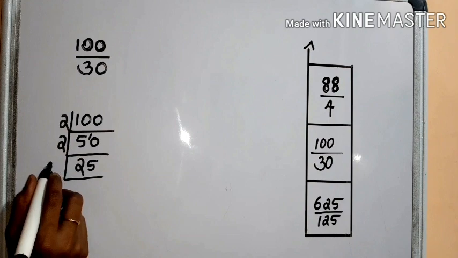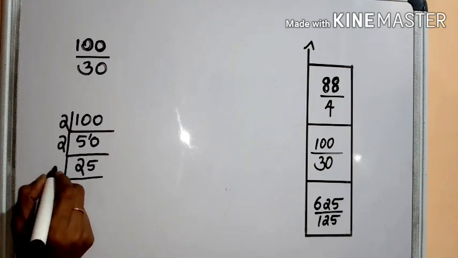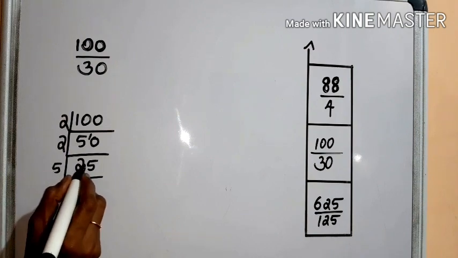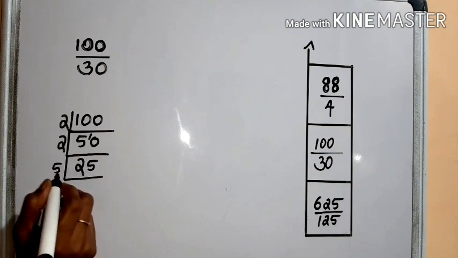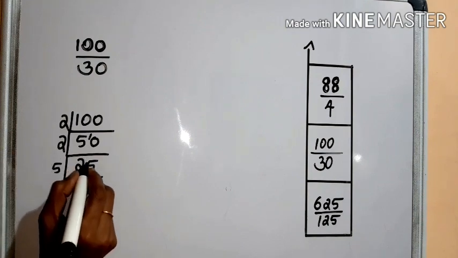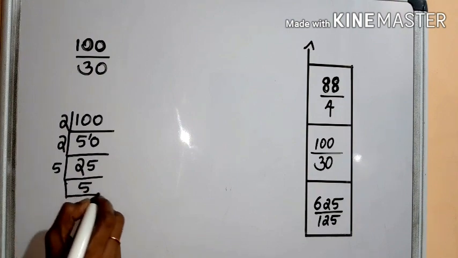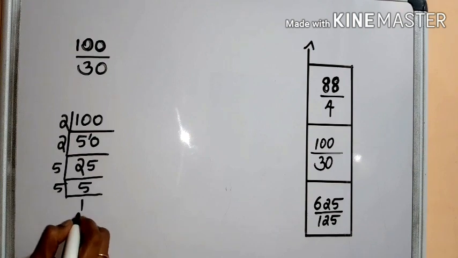So we cannot have here 3. The next prime number 5 is possible. 25 is a multiple of 5. 5 5's are 25. Okay. So 25 divided by 5 is 5. Now we have 5, a prime number, so we can take it outside.